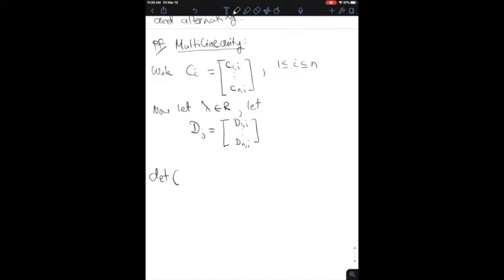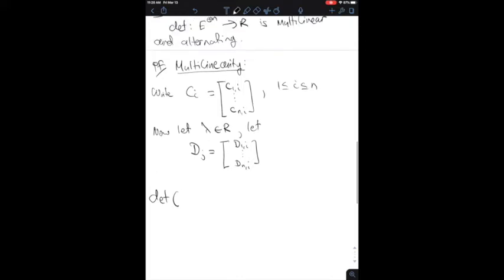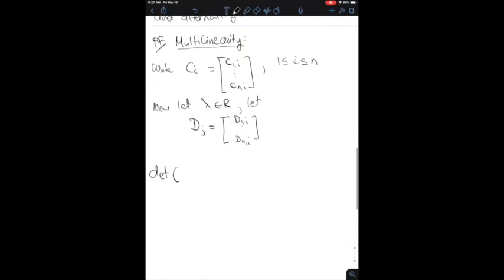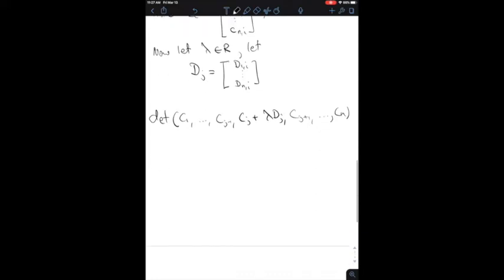We have to see what happens if we take a linear combination of the jth column vector of the matrix C together with the column vector dj. So we have to evaluate det C1, up to Cj minus 1, and then in the jth entry we want to put Cj plus lambda dj. Then I'm going to have the rest of the column vectors of the matrix C. Okay, so this is the jth entry.